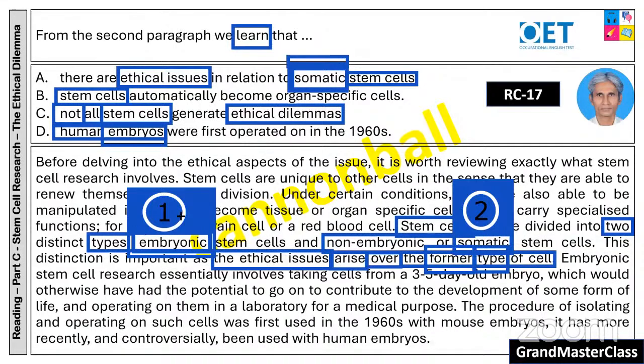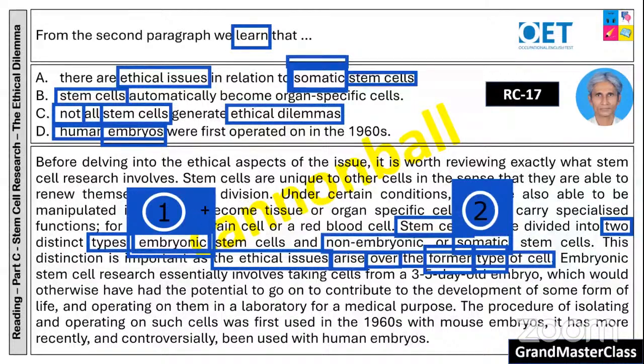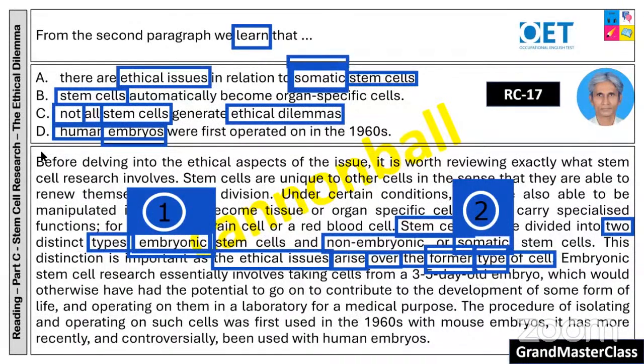The former means the first one. The latter means the next one, the second one. Now I'm going to show you the comparison, how you are going to find the answer.